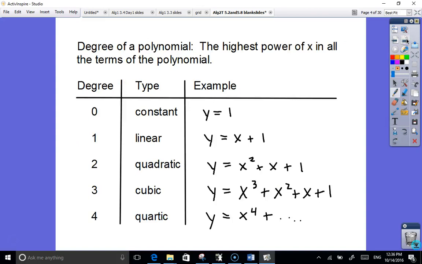Okay, the degree of a polynomial means the highest exponent. So it's easier to see maybe starting at the bottom. But usually if you write a polynomial in standard form, it's got the highest power term all the way on the left, and then in decreasing order of the exponents.